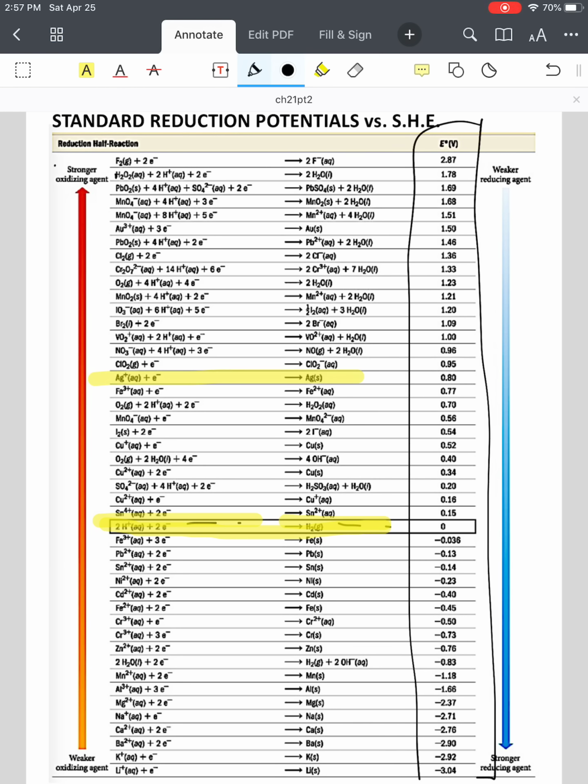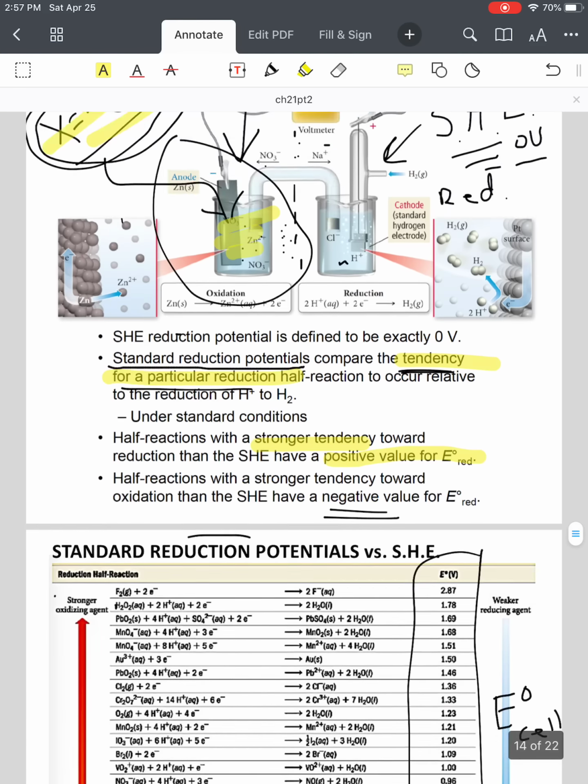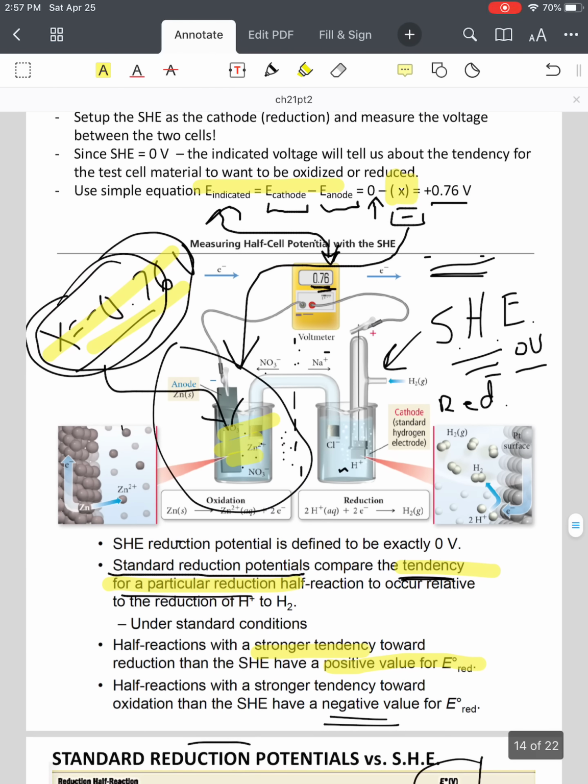And what that's going to mean for us is that we can use these numbers in this table to calculate what's known as E0 cell, or a standard cell potential for any electrochemical cell operating under standard conditions that we want to set up. So basically what I'm saying is we can set up one of these electrochemical cells like the one on this slide.